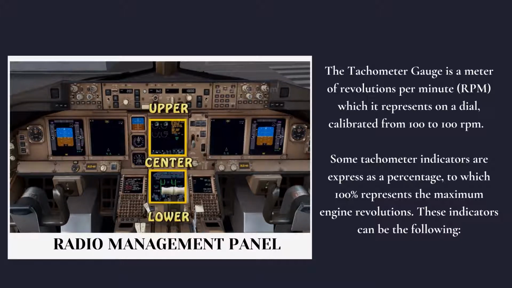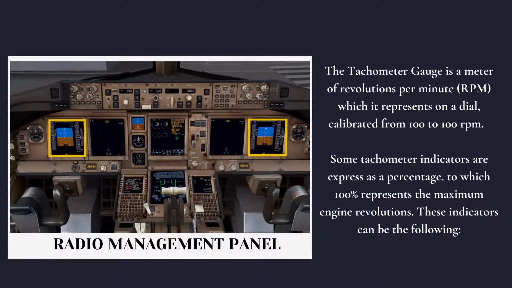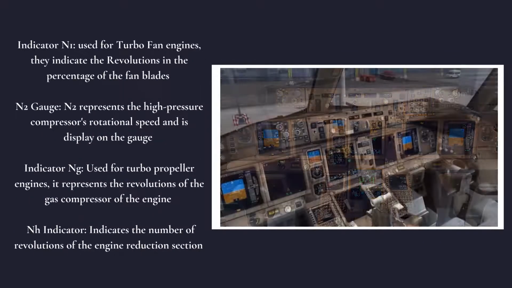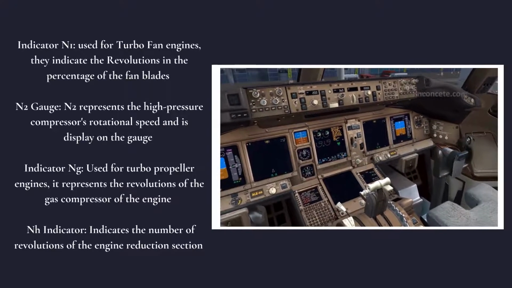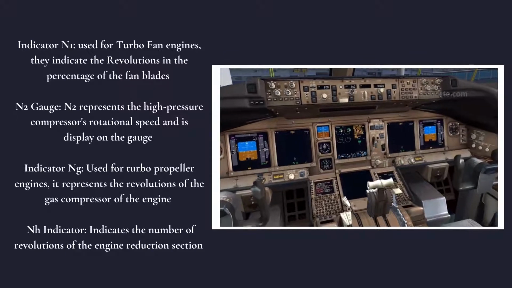Some tachometer indicators are expressed as percentage, to which 100% represent the maximum engine revolution. These indicators can be the following. Indicator number 1. Used for turbofan engines, they indicate the revolution in percentage of the fan blades and the first compressor stage.